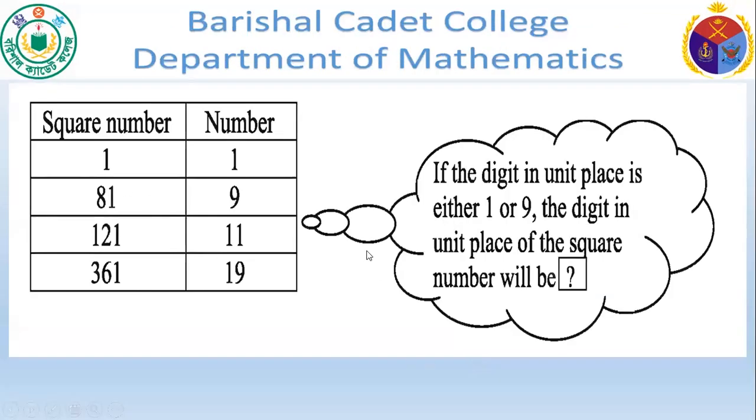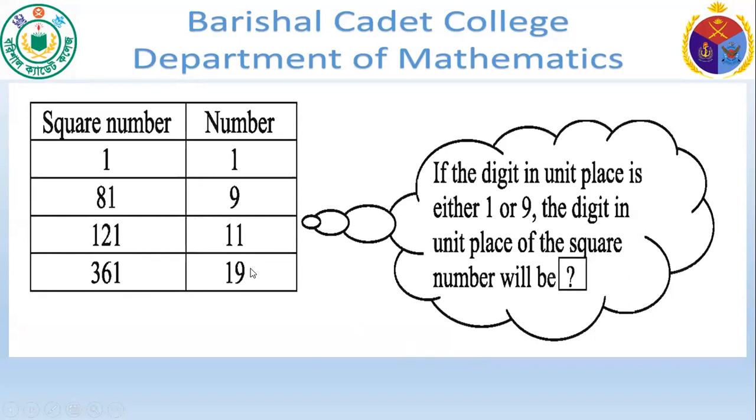Now we see that if the digit in the unit place is either 1 or 9, what will the digit in the unit place of the square number be? If the number is 1, then the square is 1. If the number is 9, then its square will be 81. If the number is 11, then its square will be 121.